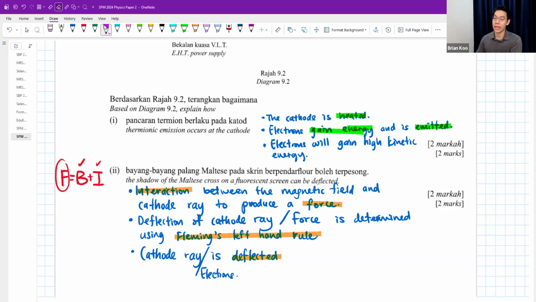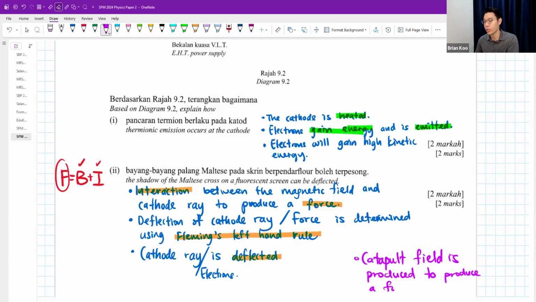You can also mention like a catapult field is produced to produce a force to deflect cathode ray, that kind of thing.